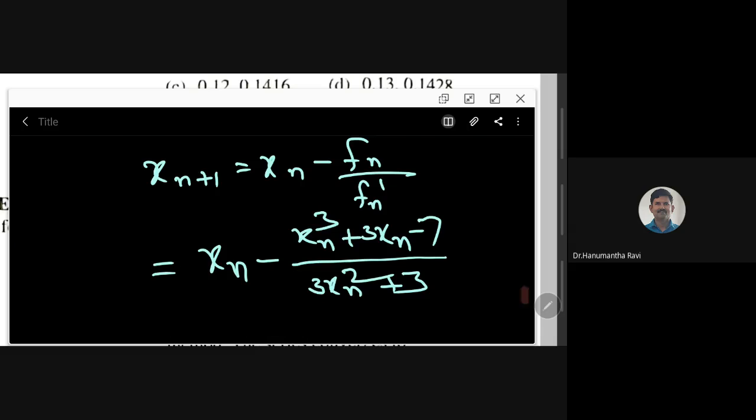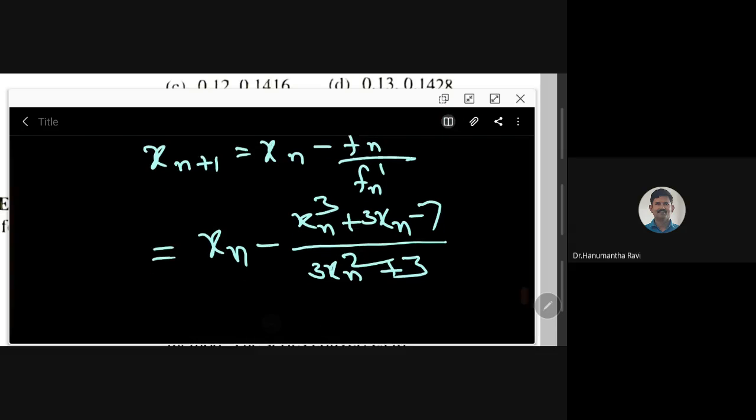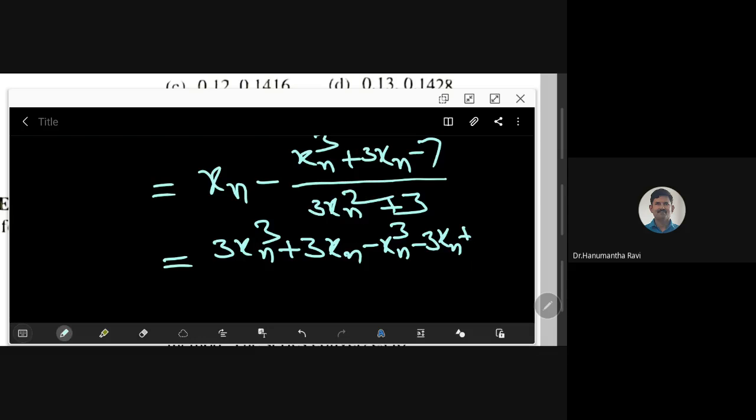So upon simplification, if I simplify this further, I will get (3xn cube plus 3xn minus xn cube minus 3xn plus 7) by (3xn square plus 3).